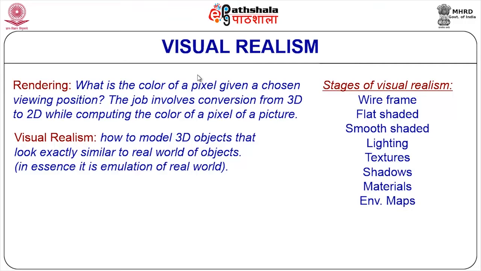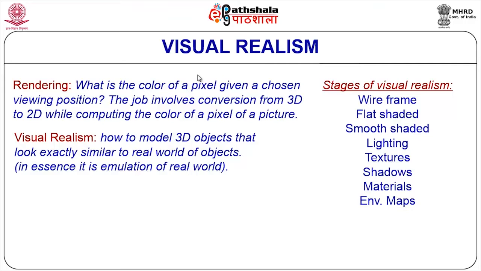For this we have various stages through which we should go so that we achieve the objective of visual realism. The stages of visual realism, as you can see, start with the wireframe model. First we form a wireframe model of an object, which is the skeletal version of the object, then the flat shaded version, the smooth shaded version. Then we proceed to lighting, so we can add lighting to the 3D scene that we have created.